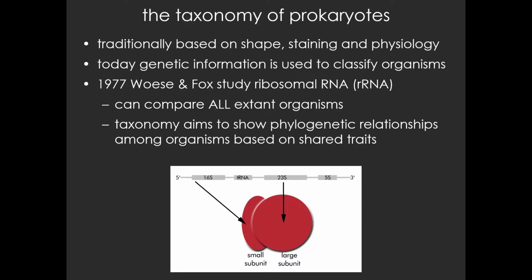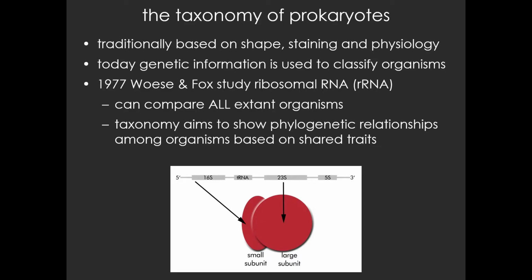And in 1977, a pivotal experiment was done by Carl Woese and George Fox, where they started looking at the ribosomal RNA component of ribosomes. And this was a fantastic thing to use as a comparison because all organisms have ribosomes. Now, they may not have the same ribosomes, but they all have ribosomes. All of their ribosomes are made of a small subunit and a large subunit.